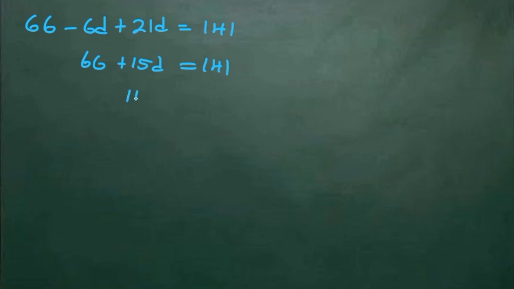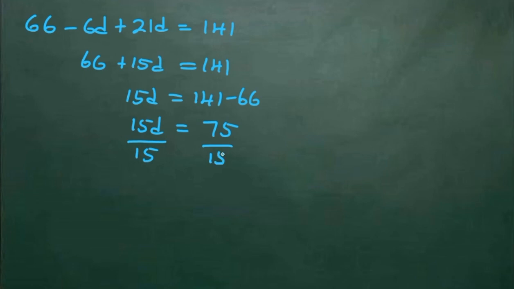Then 15d equals 141 minus 66, so we are going to have 15d equals 75. Dividing both sides by 15, we are going to have d equals 5. So that is the common difference. Therefore, we can say that the common difference is 5.